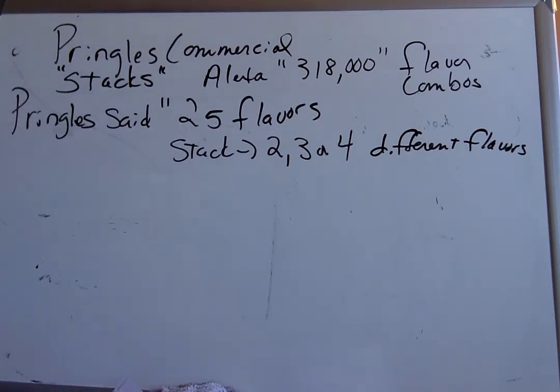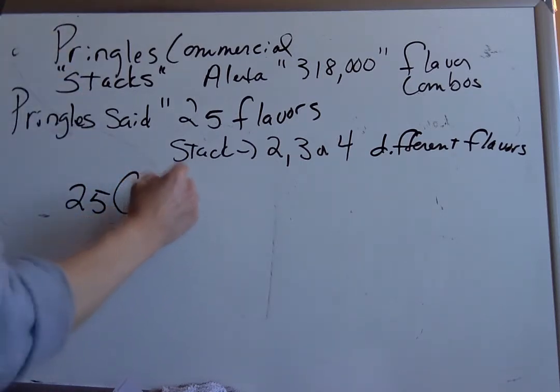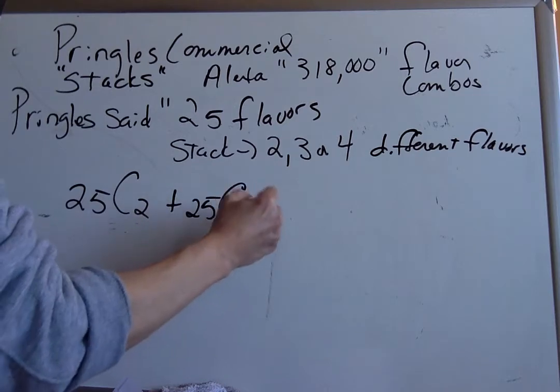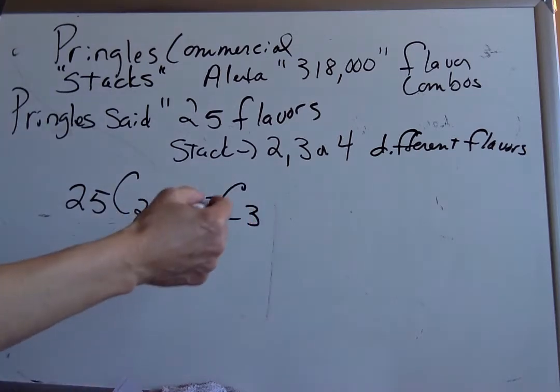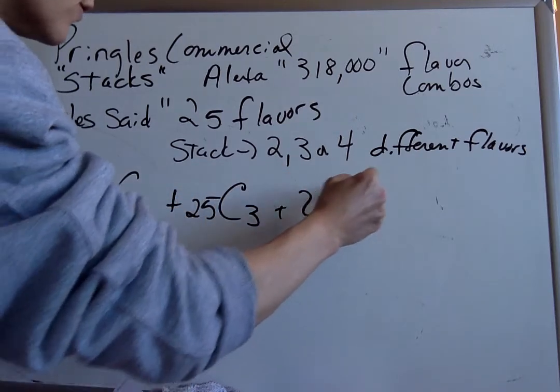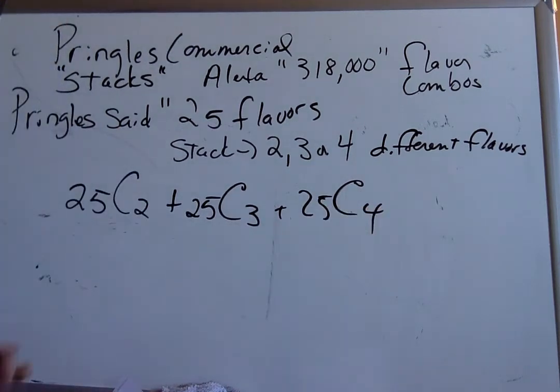Now, if you go with what seems reasonable, then we're doing how many ways to pick 2 flavors out of the 25. And you're just picking one of the barbecue and one of the salt and vinegar or something. And 25 choose 3. And then for the stack of 4, you need to pick 4 out of the 25, right?